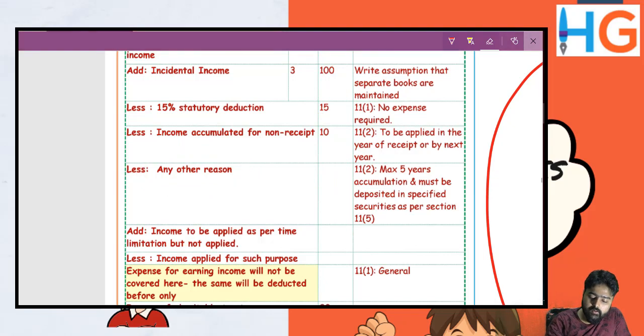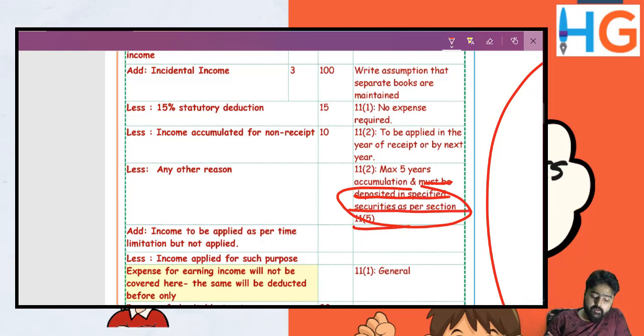Since you have already received that amount and you don't have any expense to incur, income tax says you might as well deposit it in a separate bank account and keep it there. So it must be deposited in specified securities.